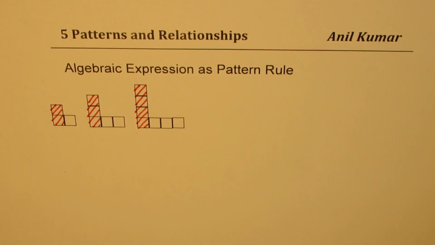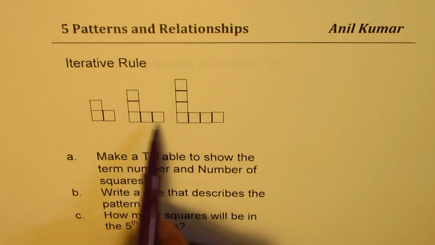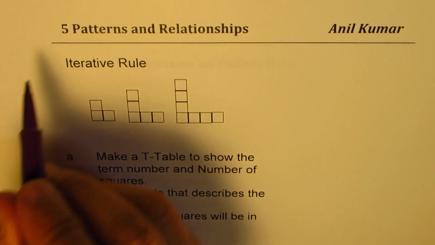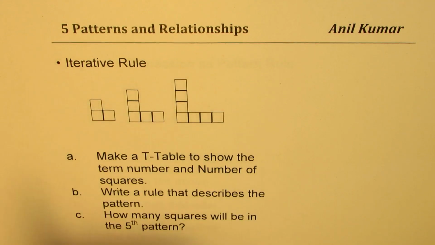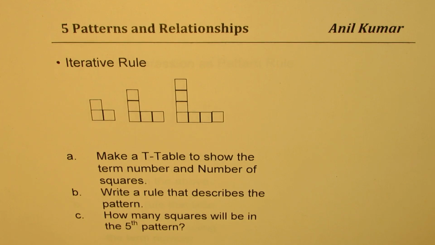So let's begin with what you really know, and then we'll get into things which you want to know. We are given a pattern which you see here, and we'll try to write an iterative rule to describe this particular pattern. You can always pause the video, answer these questions, and then look into my suggestions. Question number 1.